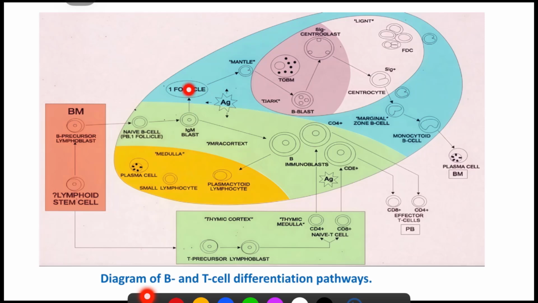So, they enter the follicle and they may also differentiate into IgM secreting plasma cells, right. So, some of the cells go to the follicle to make the germinal center and some of them may go to the medulla where they become plasma immunoblasts, right.